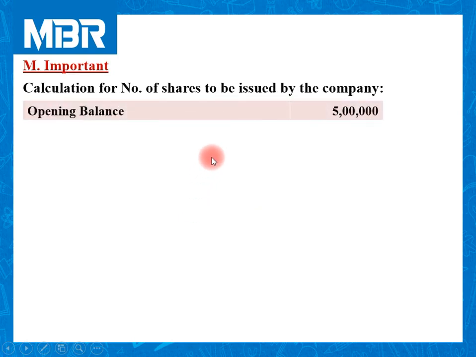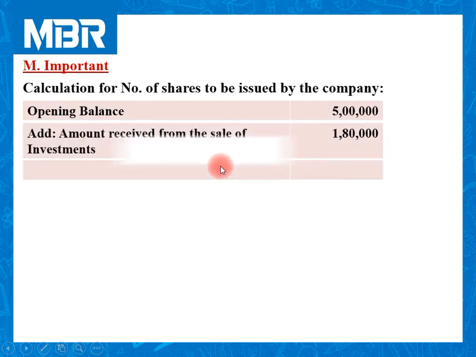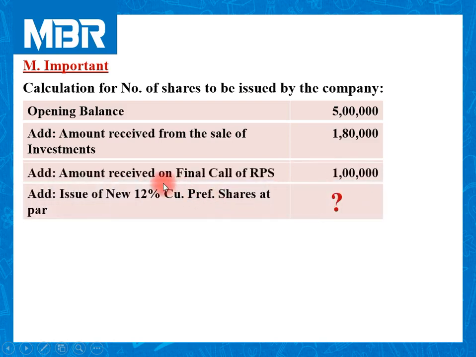Opening balance given as rupees 5 lakhs, add rupees 1,80,000 that we have received by selling our investment, add the amount received on final call of RPS rupees 1 lakh, add the amount received by issuing new 12% cumulative preference shares at par.